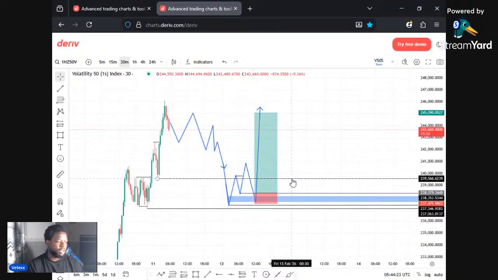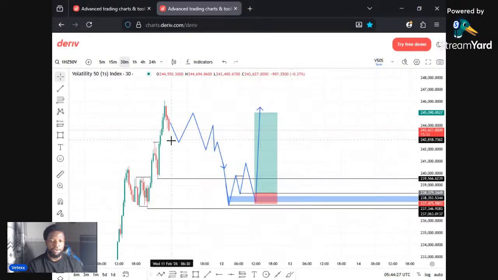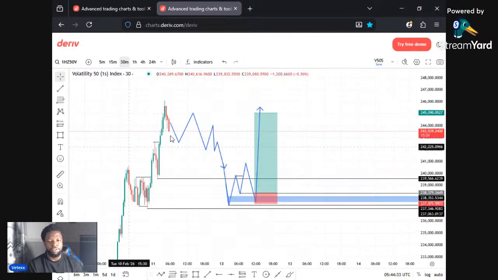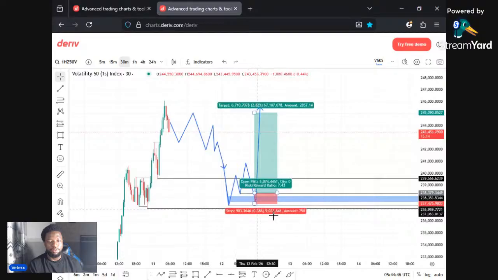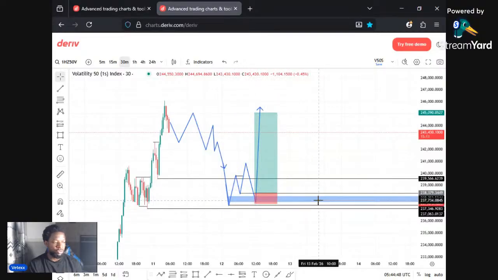I believe this is clear enough. So this is how you avoid unnecessary losses in the market. Understand this concept. There's a higher chance that when price comes into this zone, you just enter aggressively, and you don't know if price is going to give you a continuation confirmation that it is going to keep buying.